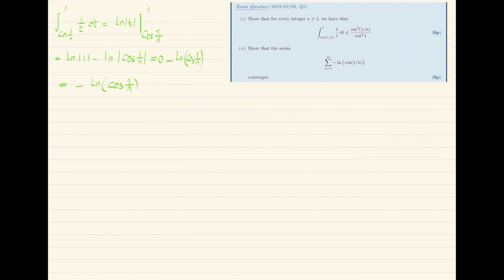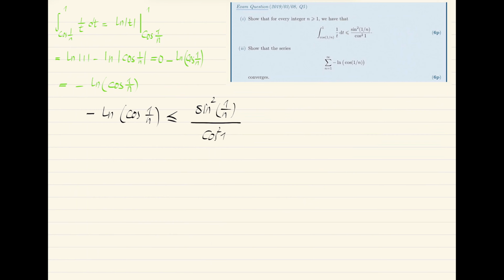So in other words, this expression, which is the answer to this integral, is less than or equal to this expression. So this means that minus ln of cosine of 1 over n is less than or equal to sine squared of 1 over n divided by cosine squared of 1.